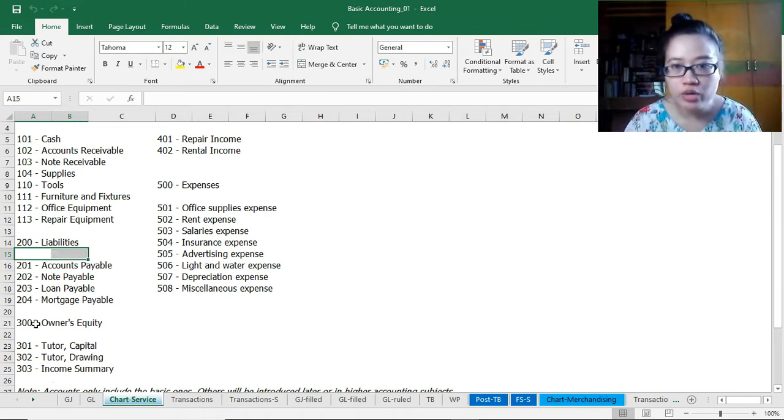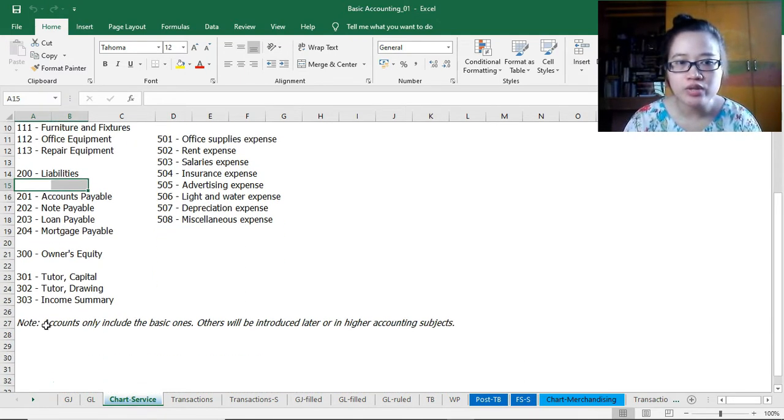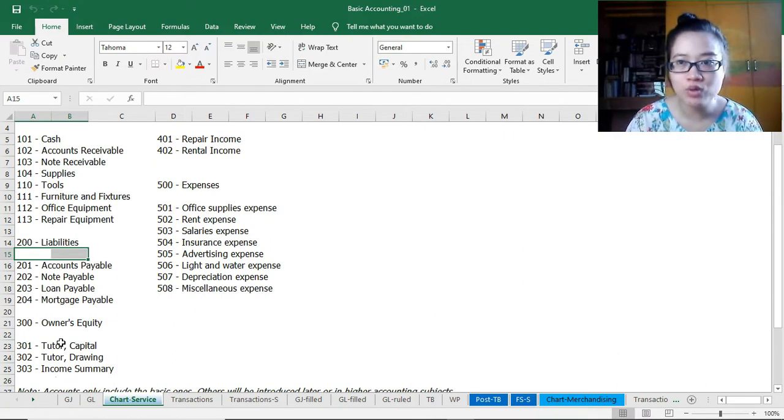And then, third part niya, we have owner's equity, capital, withdrawal or drawing, and then we have income summary. Okay? So, itong capital, kapag sole proprietor, isang owner lang, yung surname niya, and then, comma, capital. And then, for the withdrawal, you have your surname, comma, and then drawing.